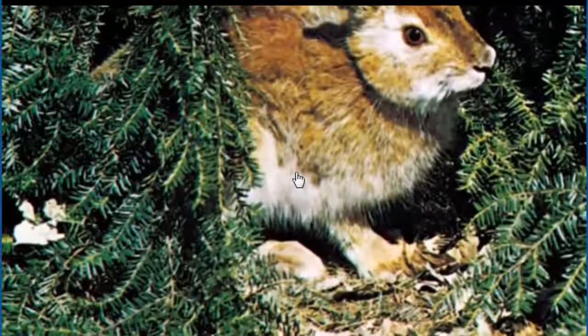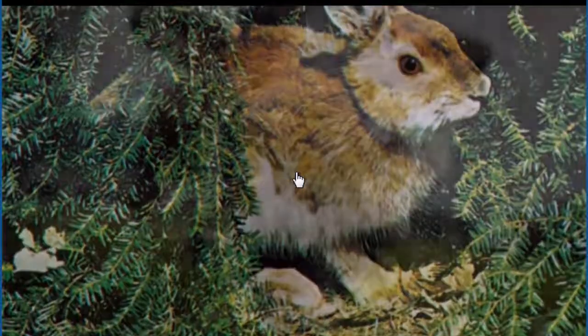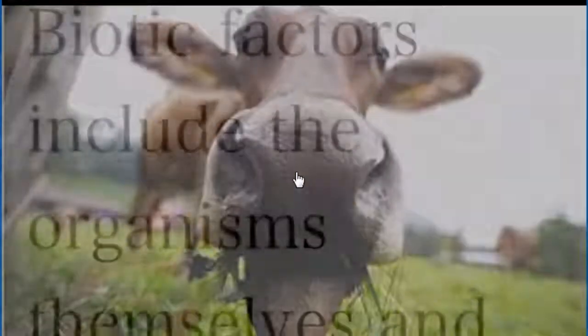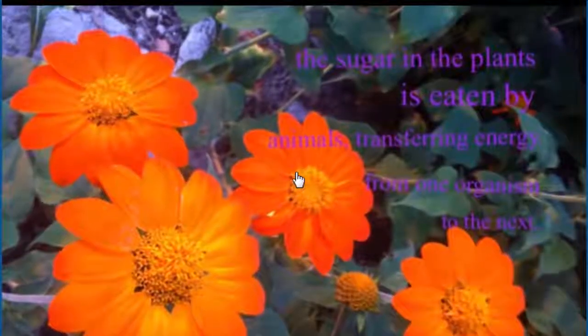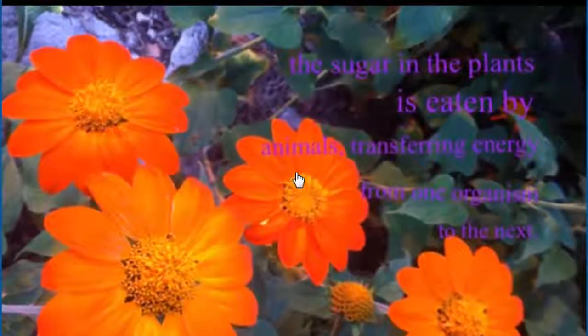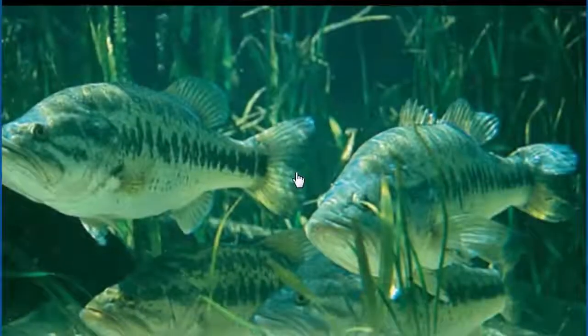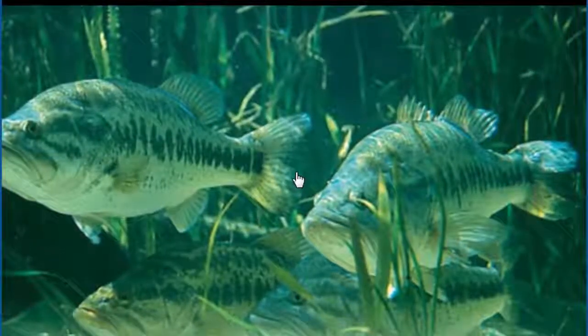So living components of an ecosystem are called biotic factors. And this cow and this rabbit are biotic factors. They include living things like the plants and the fish and the otters, but they also include the products of those things.